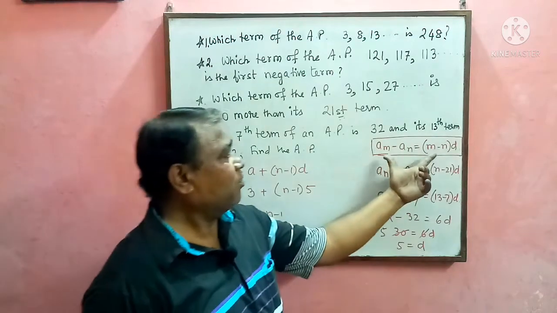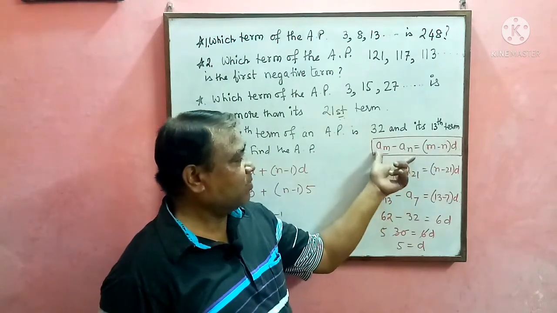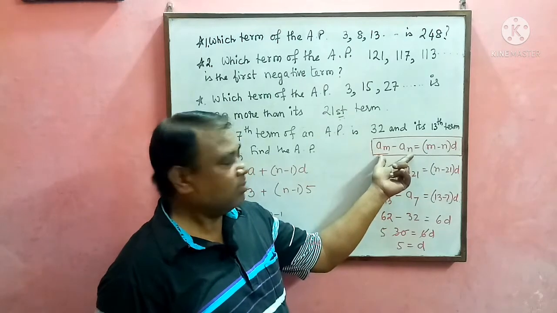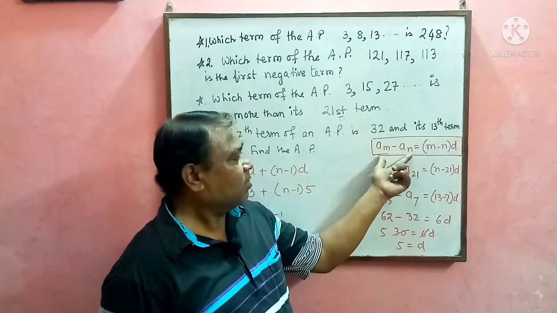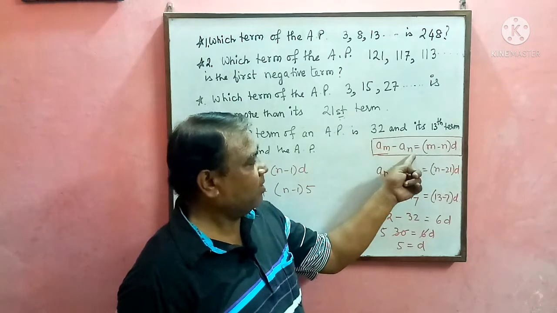Here is an important identity: the mth term minus the nth term, that means the difference between the mth term and the nth term, is directly related to m minus n, the difference of these two numbers, into d.